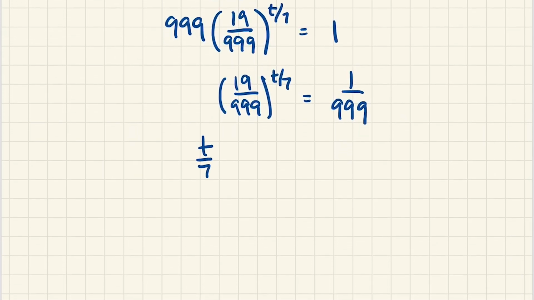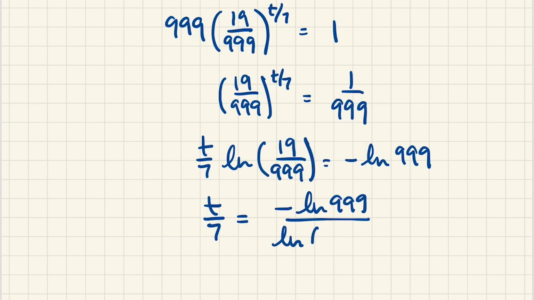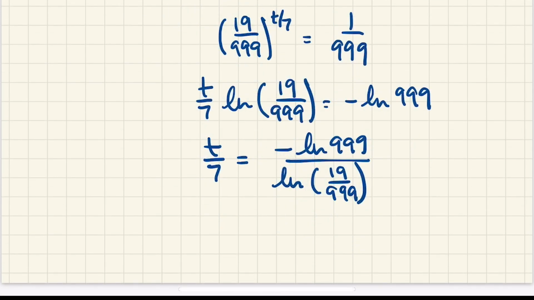So we get t over 7 times ln of 19 over 999 is equal to the log of the right-hand side, which is probably cleaner if we just write it like that. And now we'll divide everything by the logarithm of 19 over 999. So we have t over 7 is equal to this thing. And of course, we'll get our t value here.